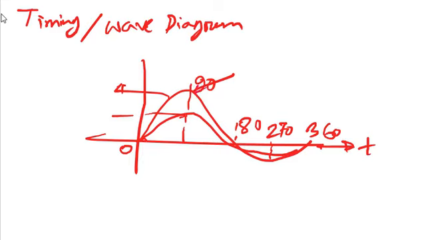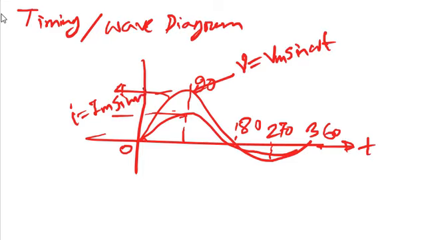This wave we can denote by small v equal to v maximum sine omega t. Why we are telling this is a sine wave, I will discuss later on. And then there is the small i, which means i maximum sine omega t.